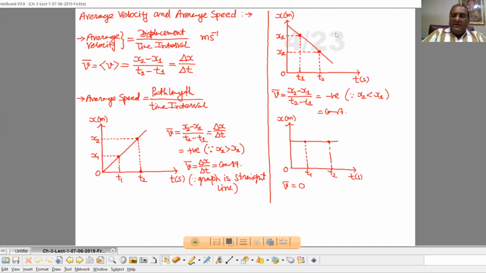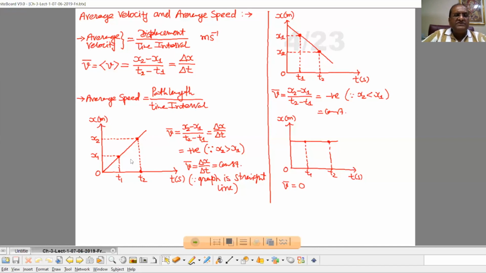Now, if the particle or the object is moving with positive velocity, negative velocity, or if velocity is zero, then which type of x or position versus time graphs will be prepared? Or if we have graphs of x versus t, then what can we say about average velocity? That we have to understand.